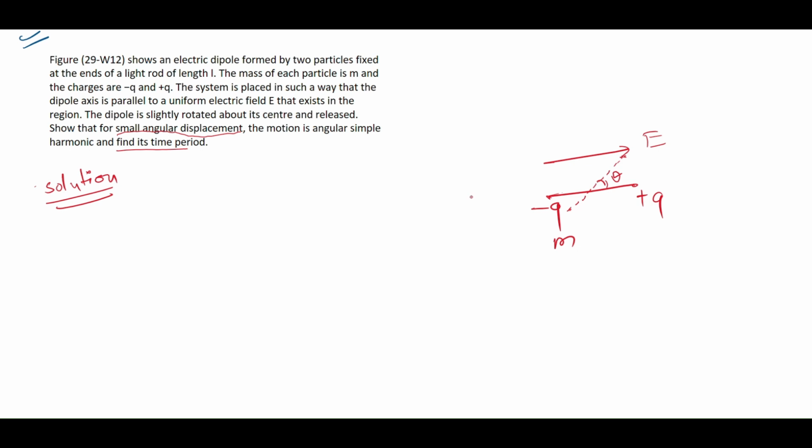The torque is given by P cross E. P is the charge times the distance between the two charges, so Q into L, and then cross E. So we can write Q L E sine theta, by the expression of torque.